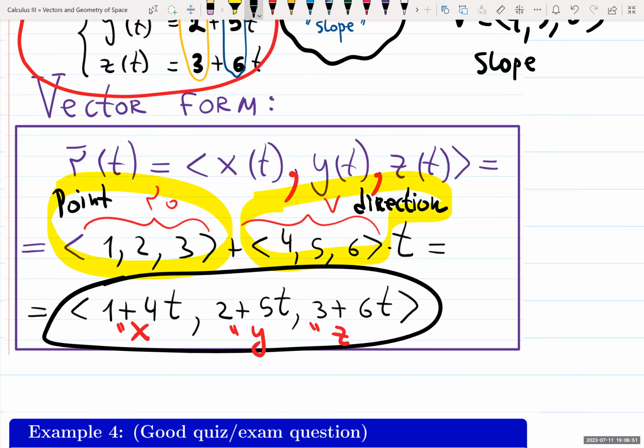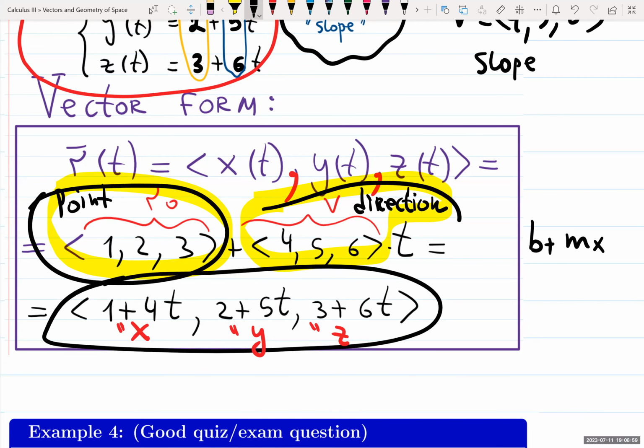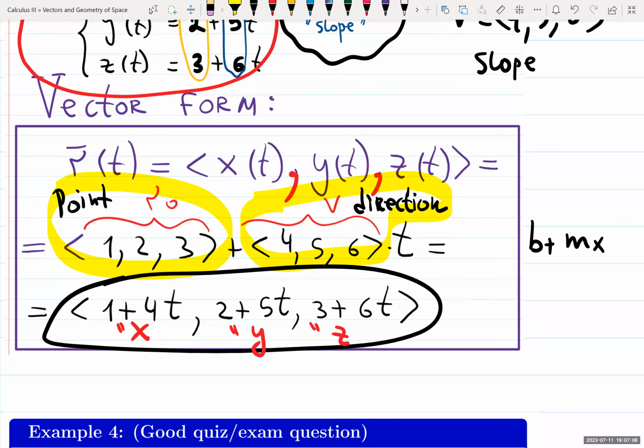So it is still the b plus mx form. You see, b is the fixed stuff, mx is a slope times the variable. We're just increasing dimensions here and also going to vector calculus. That's why it's so unusual.